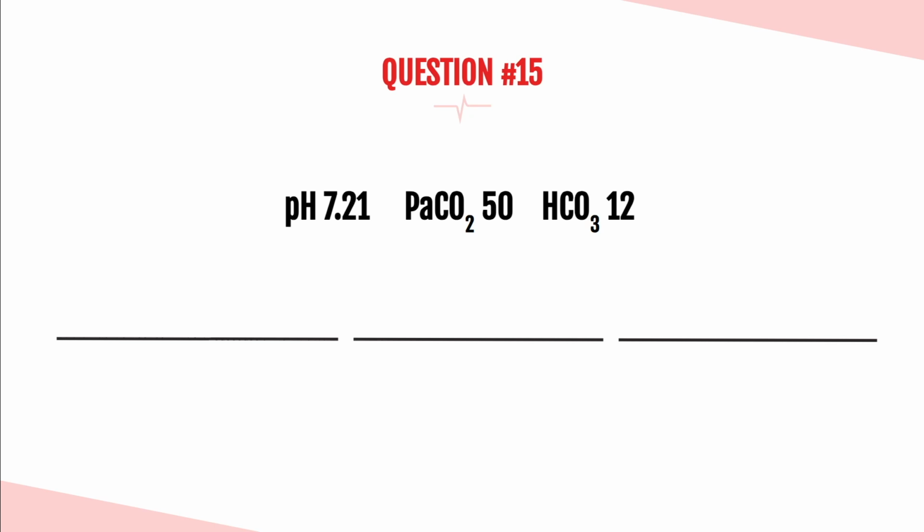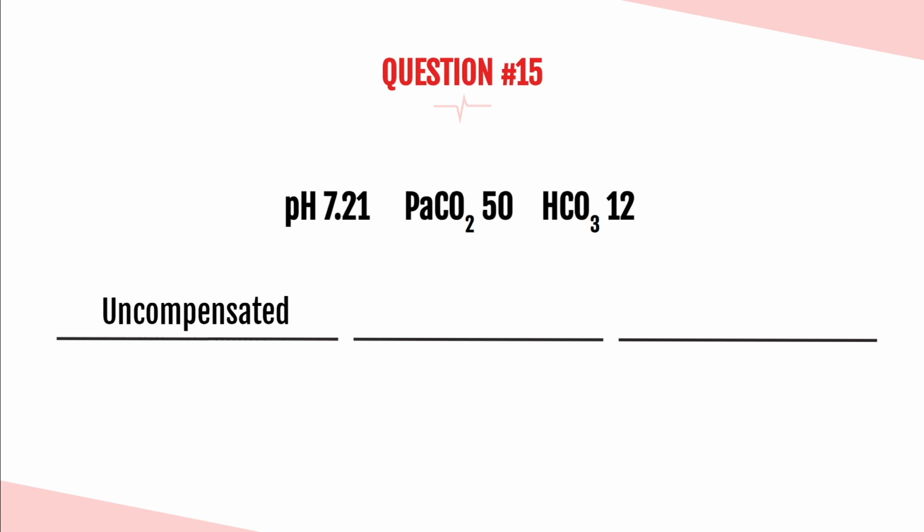Last but not least, question number 15, we have a pH of 7.21, a PaCO2 of 50, and an HCO3 of 12. What is our name? Compensated or uncompensated? We've got an abnormal pH, definitely uncompensated. Are we looking at acidosis or alkalosis?